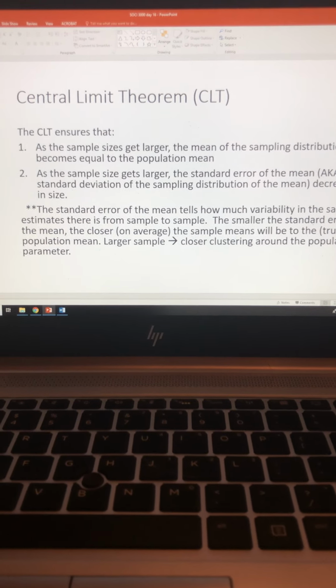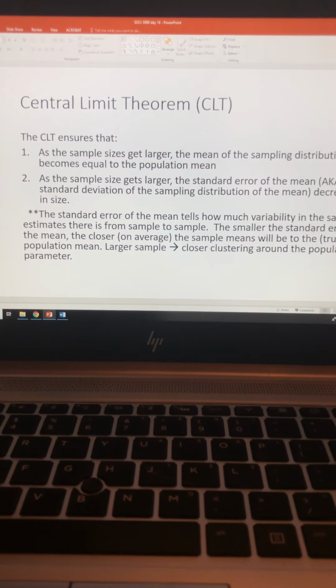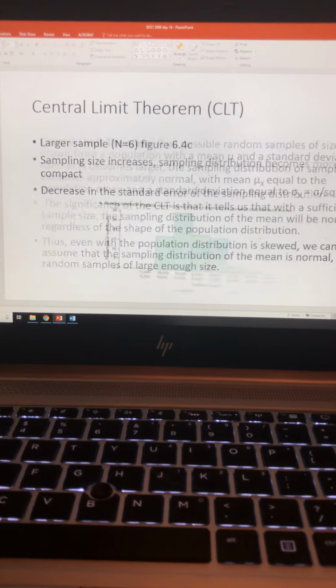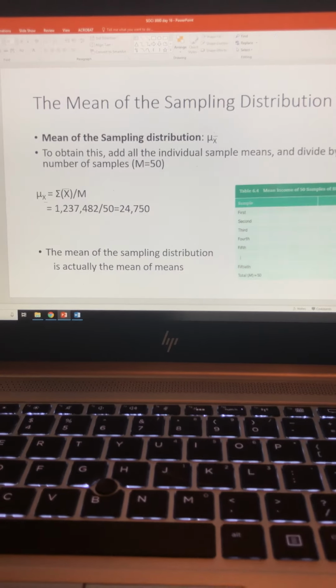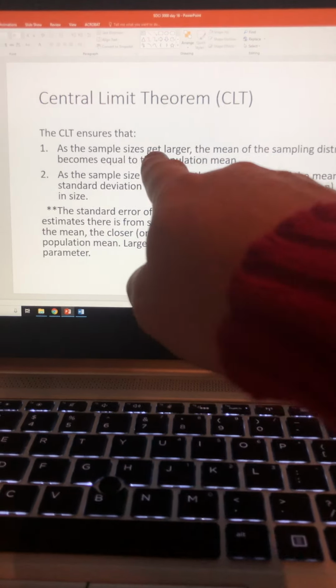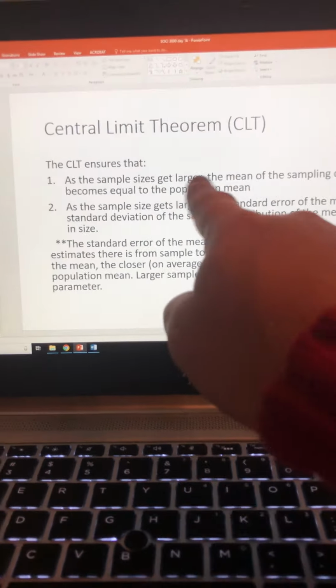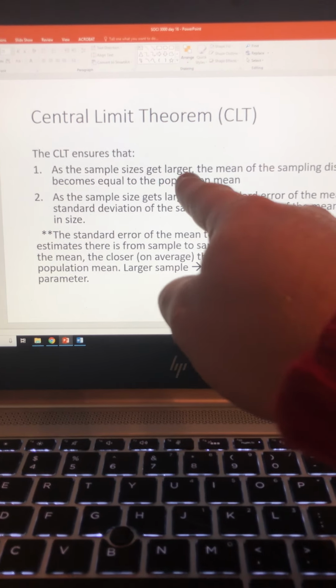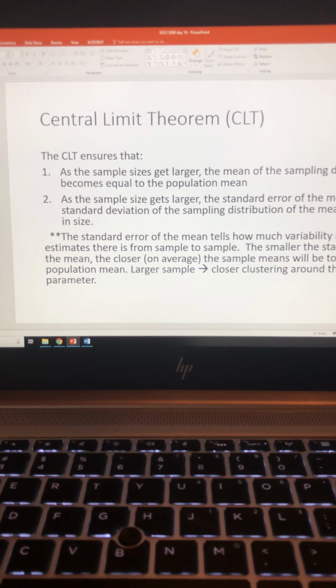So in terms of the sampling distribution, the mean of the sampling distribution, aka the mean of means. As the sample size gets larger, the mean of the sampling distribution approximates the population mean.